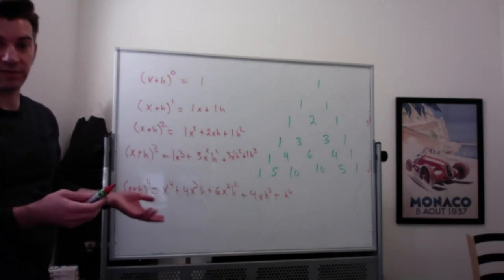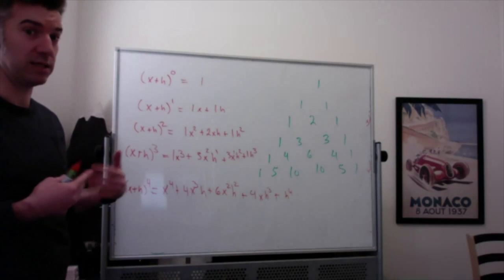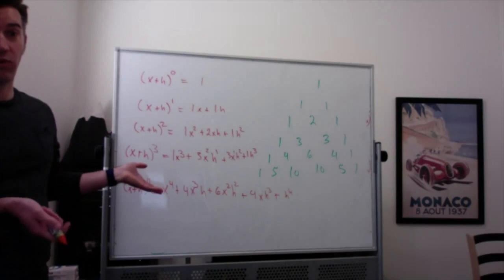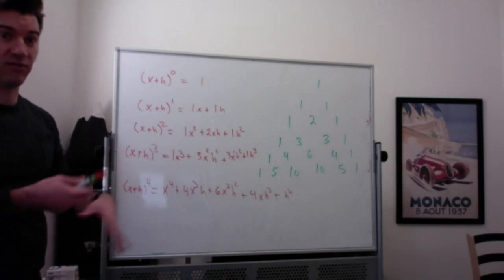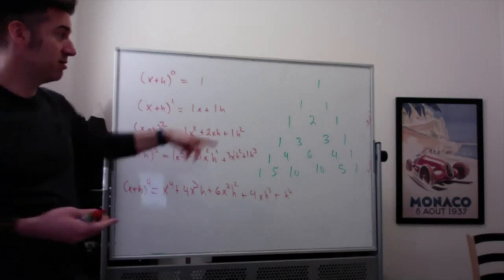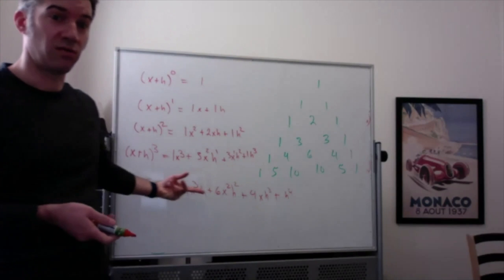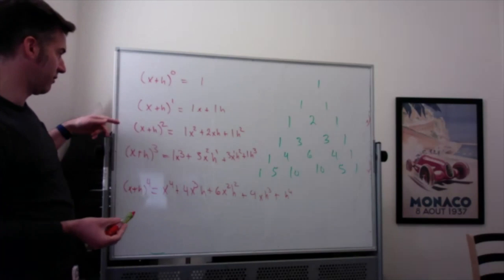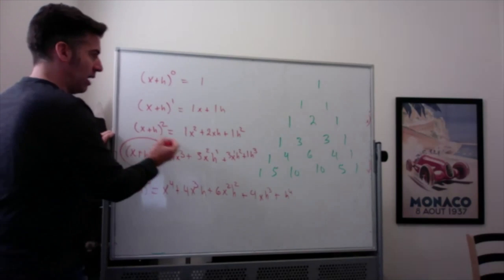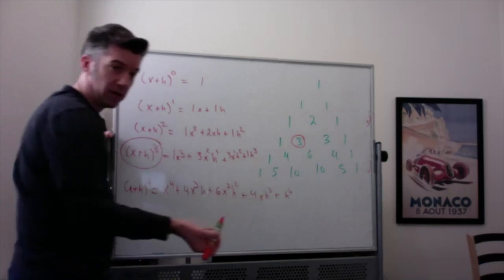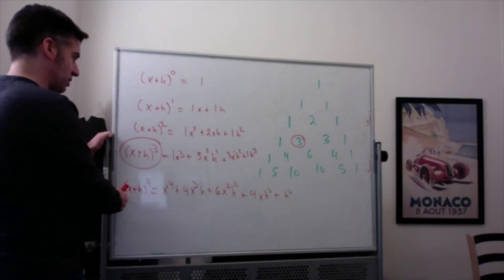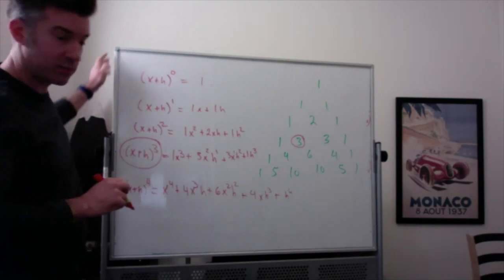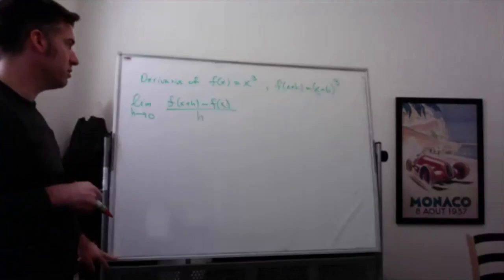And this will work for x plus h to any nice positive integer power that you like. So if you have to do something like x plus h to the 4th or x plus h to the 5th and you don't remember it, instead of trying to multiply it out, write down Pascal's triangle until you get to the row where the second number in is the power you're looking for. So if I'm doing x plus h to the 3rd, I'm looking for the row with the 3 in the second spot. I'm doing x plus h to the 4th, I'm looking for the row where the 4 is in the second spot. Okay, so back to what we're doing.